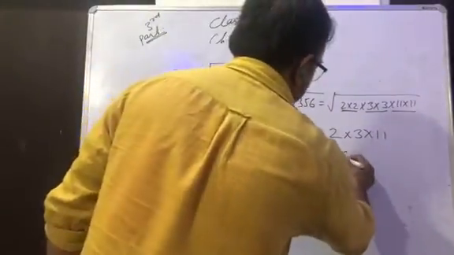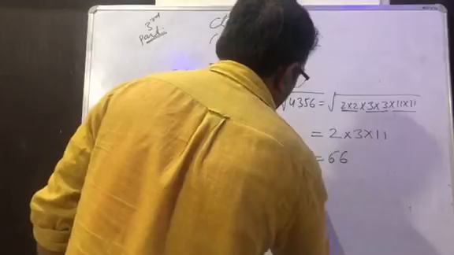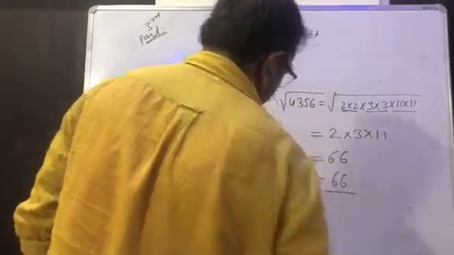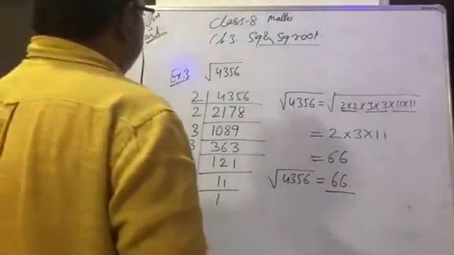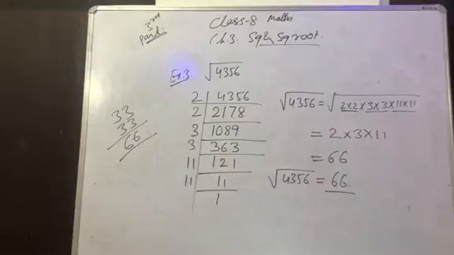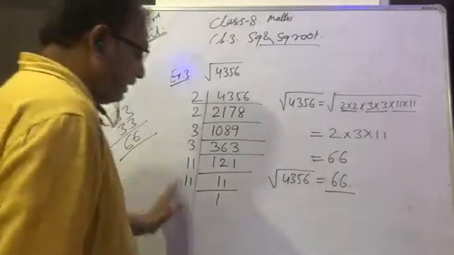So the answer is 66. It means under root 4356 is equal to 66. Now I think the prime factorization method is clear to all. We will do more questions using the prime factorization method.